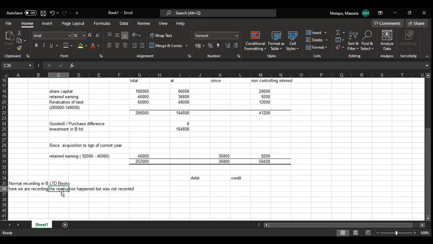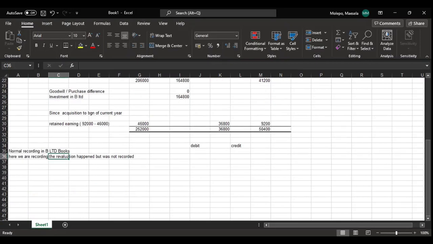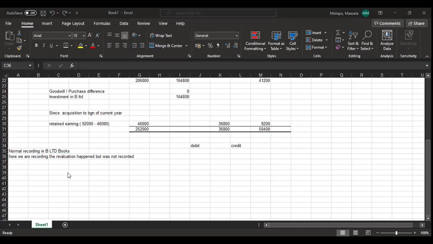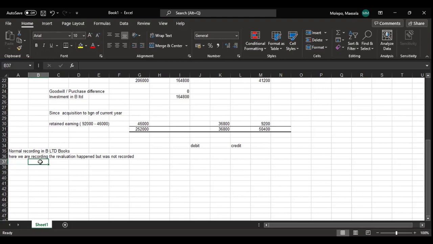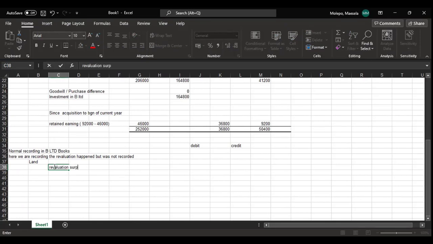Normally, an increase in land is on the debit side, right? So on the debit, we say land, and on the credit, revaluation surplus. It's important to note those things if they say it was not taken, so that you can take it into account.